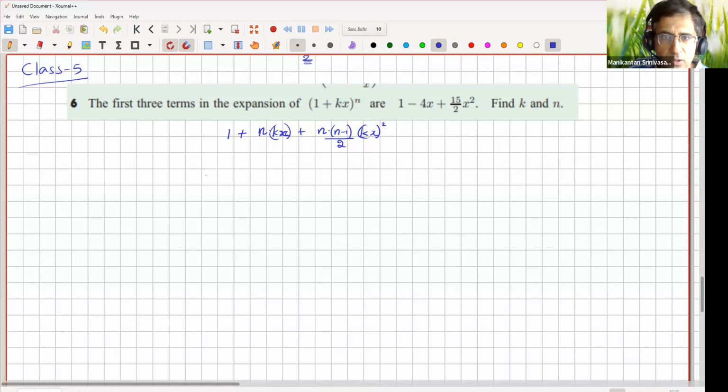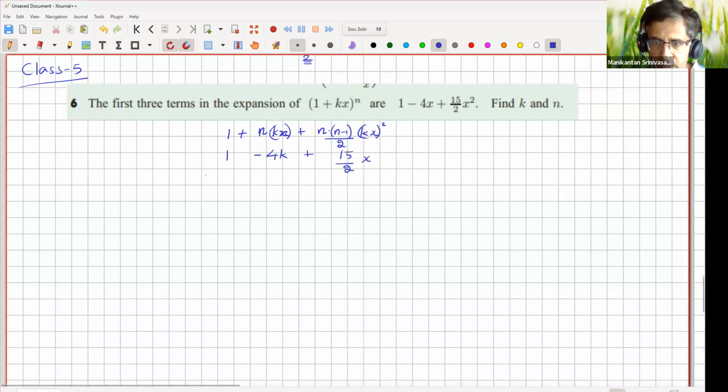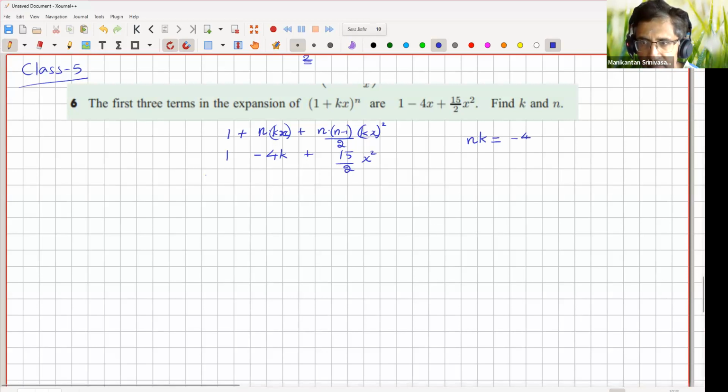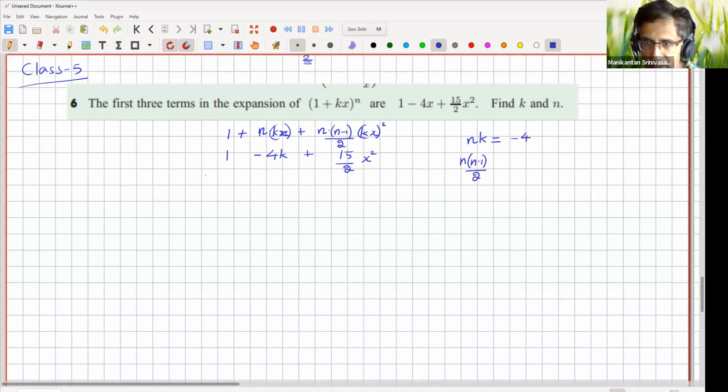Now this is going to match 1 minus 4x plus 15 by 2 x square. So ultimately it's just simultaneously solving. We have nk must match minus 4, and then n into n minus 1 by 2 into k square, that's the coefficient, must match 15 by 2.